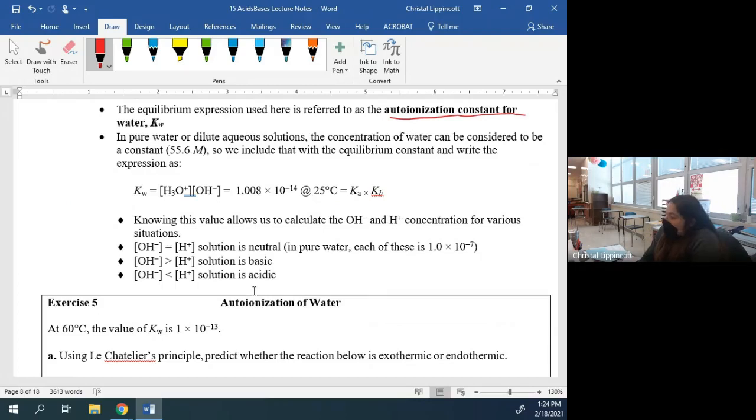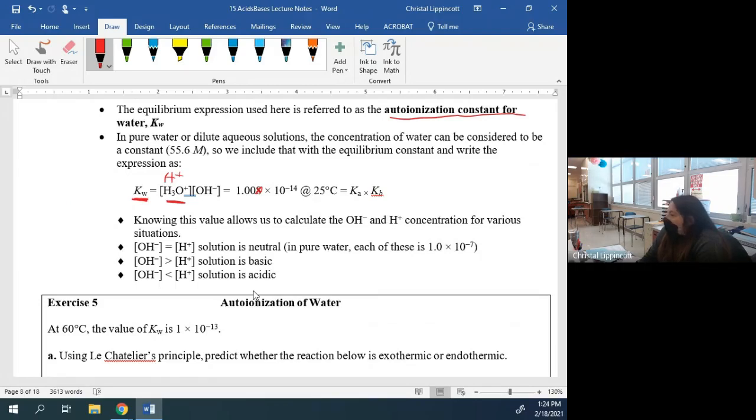So our KW value here, our KW equals our hydronium concentration, or remember, you can think of this as your H plus, times your hydroxide concentration. This value equals, and we just call it 1. We won't mess with the point, the 0.008. This is 1 times 10 to the negative 14.